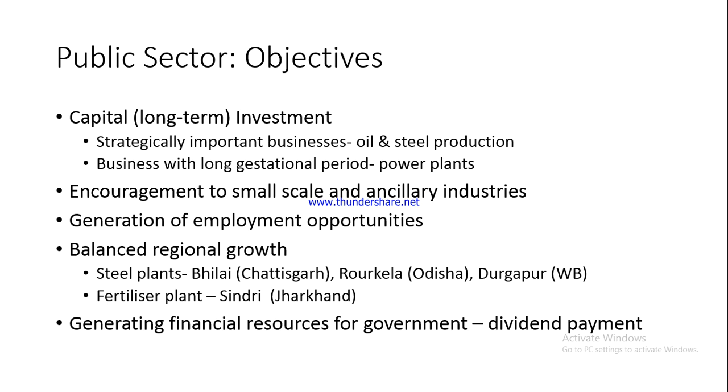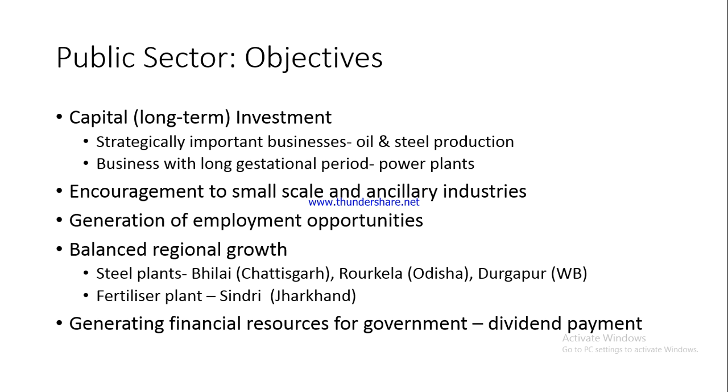Again, one more thing that public sector enterprises are set up for is to generate financial resources for the government. And how do they do that? You know that many of them are profit making. Many of the public sector organizations are profit making, and naturally in all these organizations at least 51% of the ownership has to be with the government, because only then can we call them PSUs. And 51% ownership with the government means that if the PSU declares a dividend, that it would be paying its stockholders a dividend, 51% of that dividend has to come to the government.